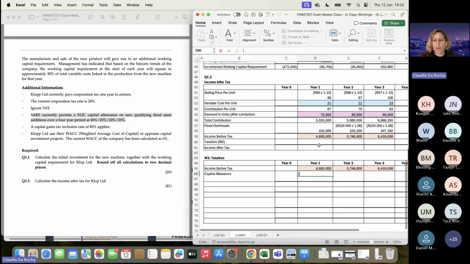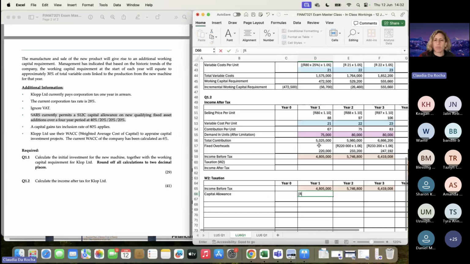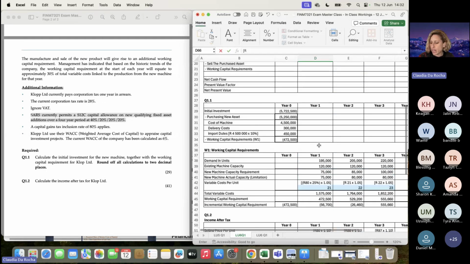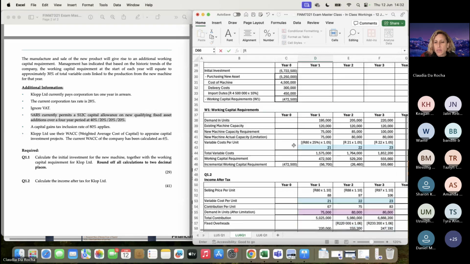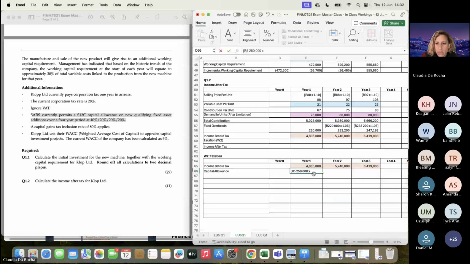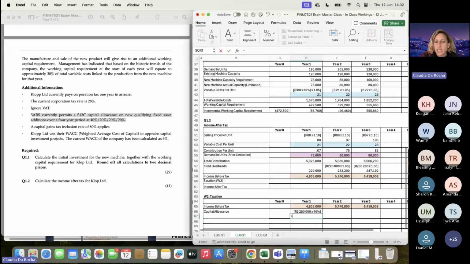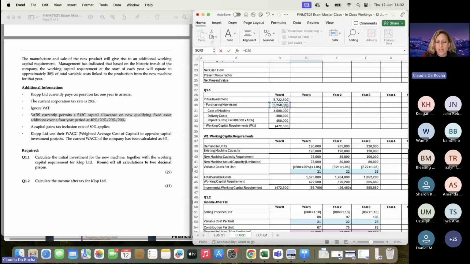We know that the total cost of our asset is the three items here. So it's the 4,500, the 300, and the 450. So it's the 5,250. Okay, so it's basically this value here, the one that we had calculated.